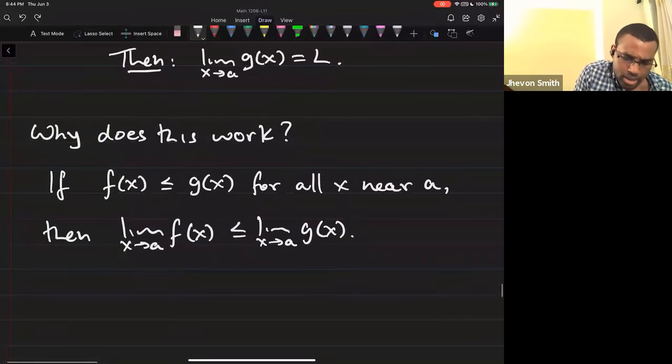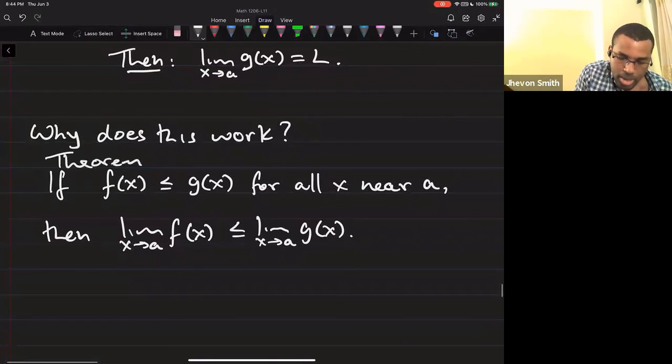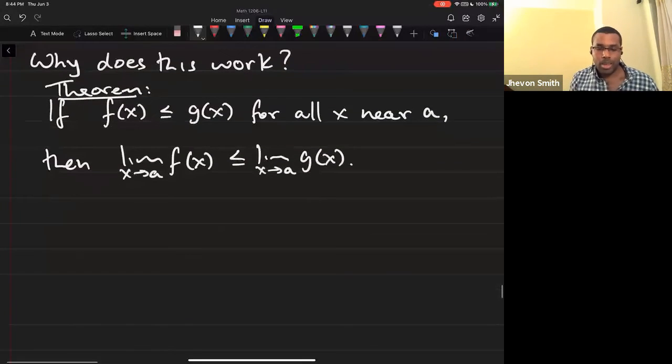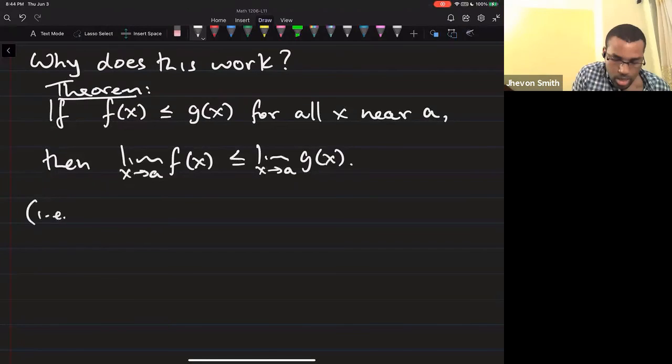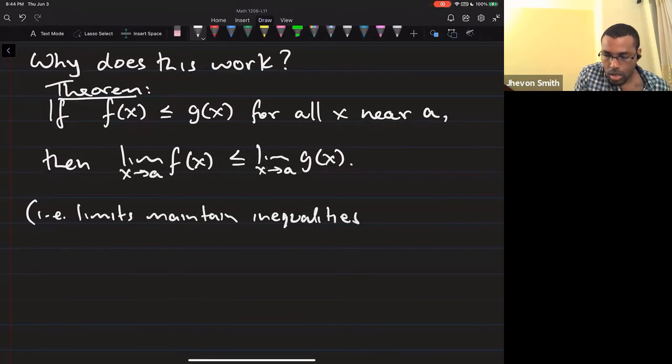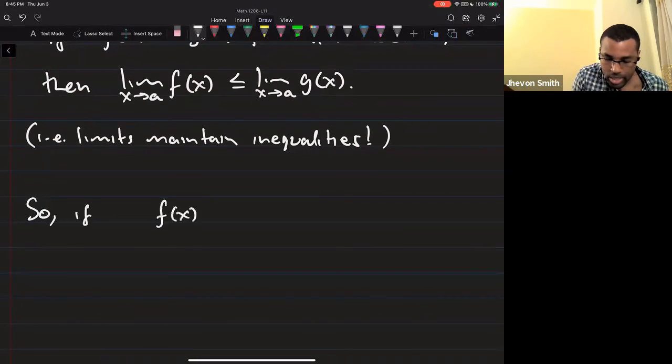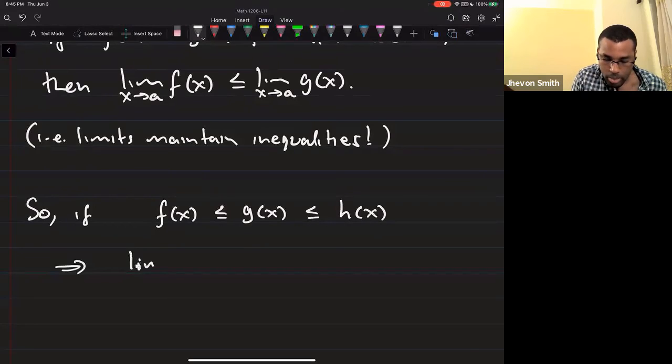Limits maintain inequalities. This is like a theorem. This isn't just something that we just, I mean, it's very intuitive, but it was something that had to be proven. It's another theorem. I.e., limits maintain inequalities. And so, if we had f of x less than or equal to g of x less than or equal to h of x, what that means is I know that the limits must line up the same way.